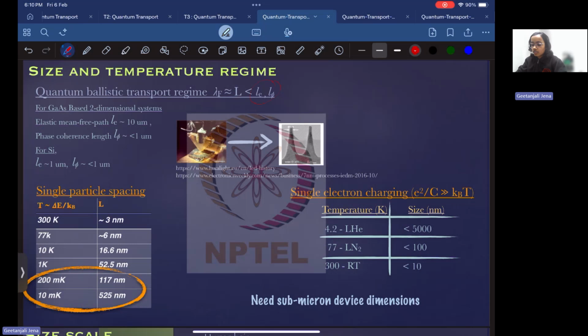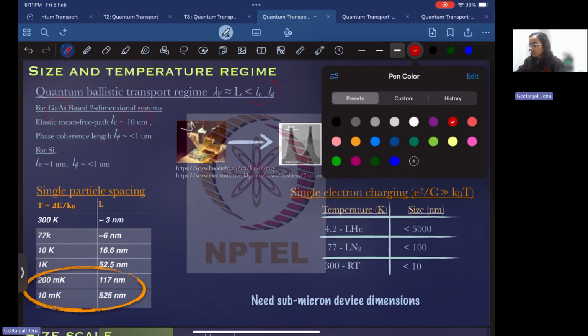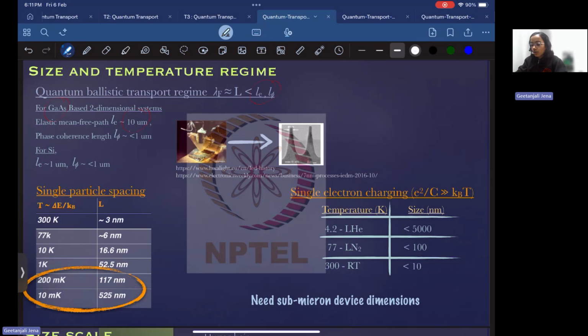If you take the example of a gallium arsenide based two-dimensional system, the elastic mean free path is on the order of 10 micrometers, and the phase coherence length is on the order of 1 micrometer.